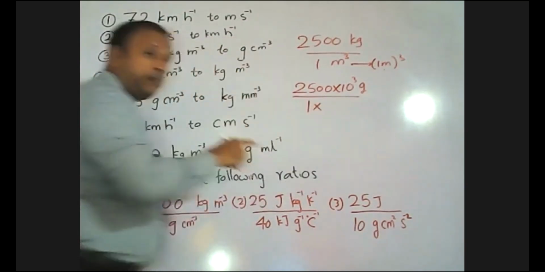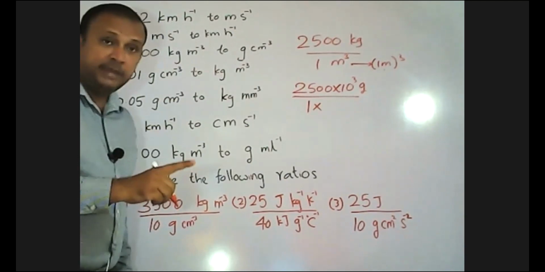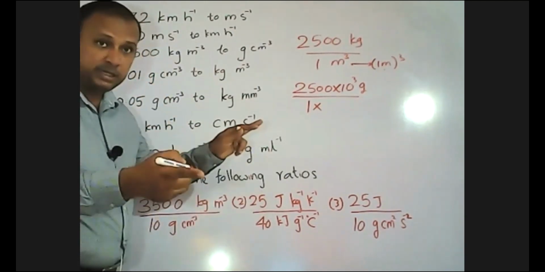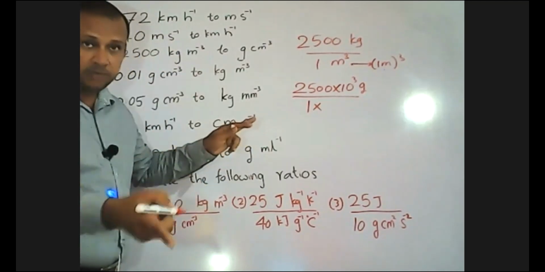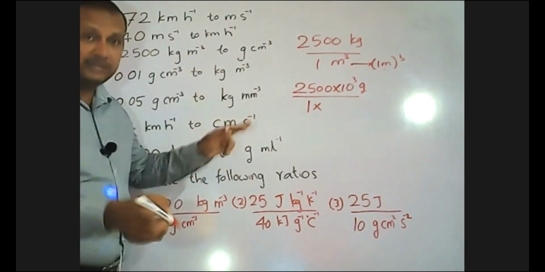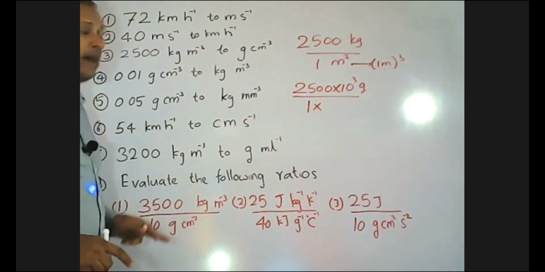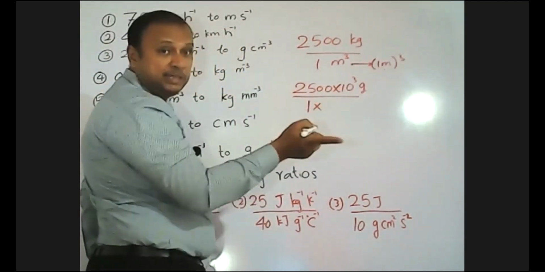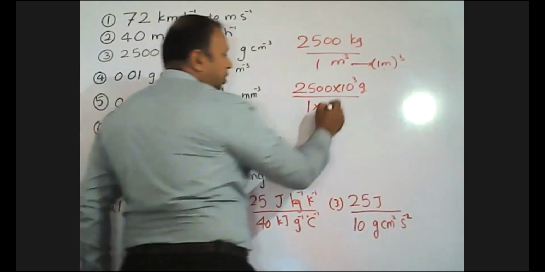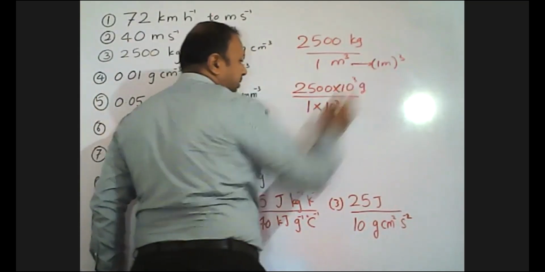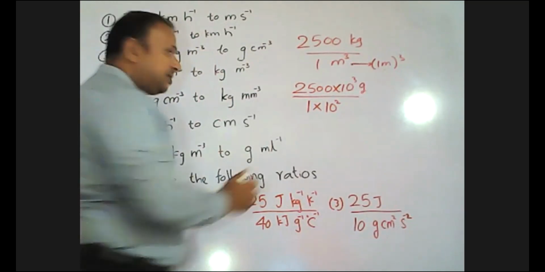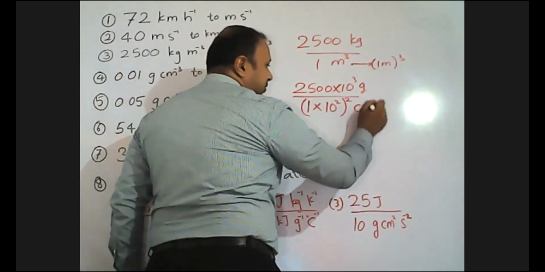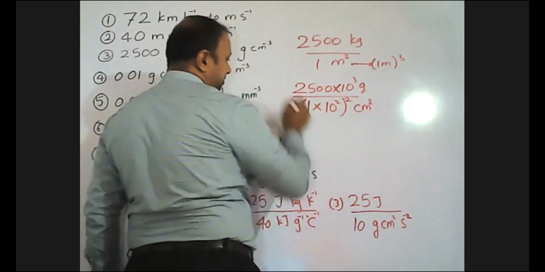You have to multiply 1 meter by the ratio between them, because 1 meter into centimeter means large scale into a small scale. The meter and centimeter ratio is 10 to the power 2. So you have to multiply this by 10 to the power 2 and take the cube. Then it will be converted into centimeter cube.